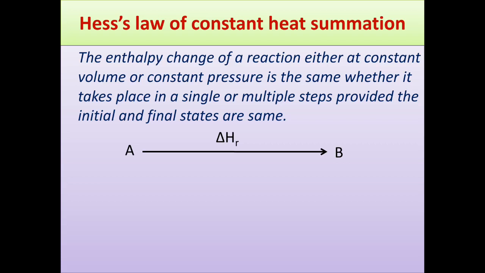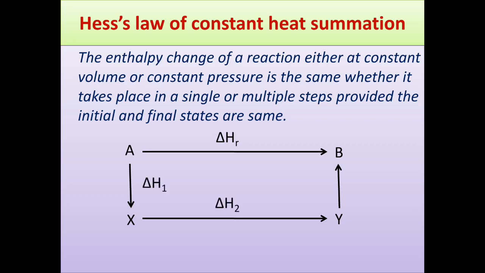Assume this reaction takes place in 3 steps, that is A gives X, then X gives Y, finally Y gives the product B. Now delta H1, delta H2 and delta H3 are the enthalpy changes of these 3 steps respectively.